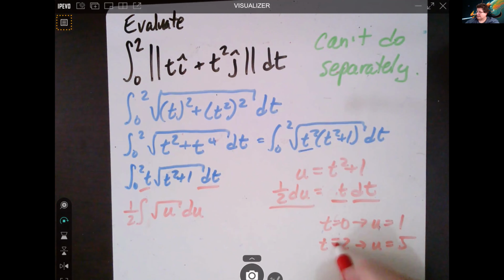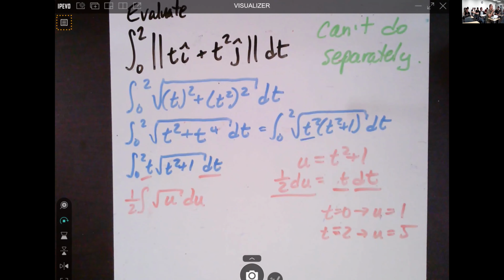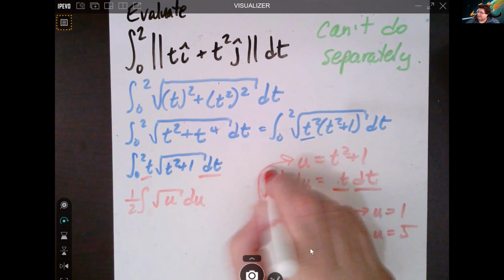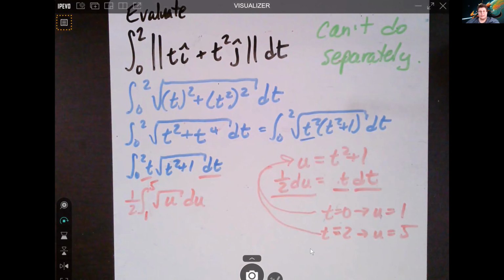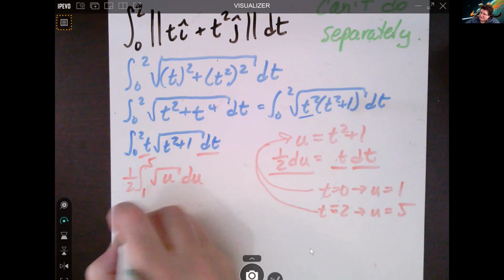How'd you get that? Plug in t squared plus 1 for 0 and 2. So you evaluated these in here, okay? Now what? Integrate it. What's the integral of square root of u?